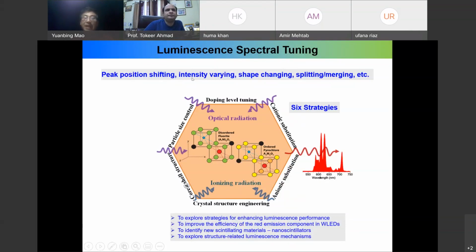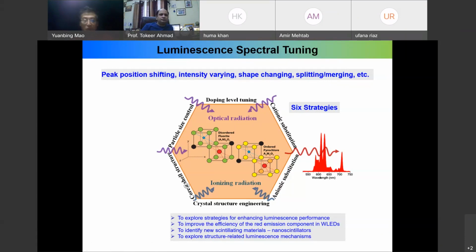The peak intensity can vary, and the peak shape can change, including the splitting or merging of peaks. The ratio of different peaks also often tells us a lot of information about the materials and the structure.